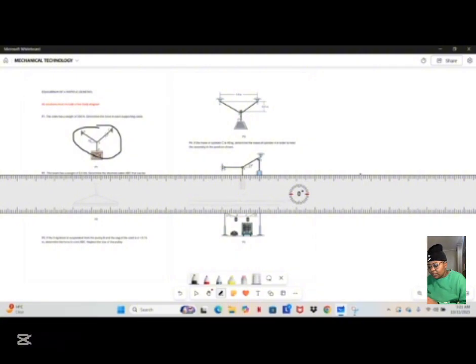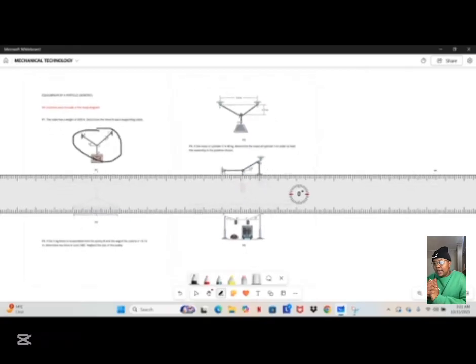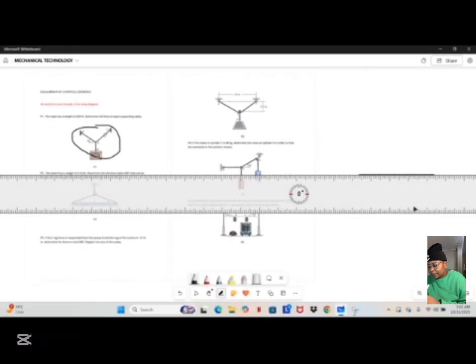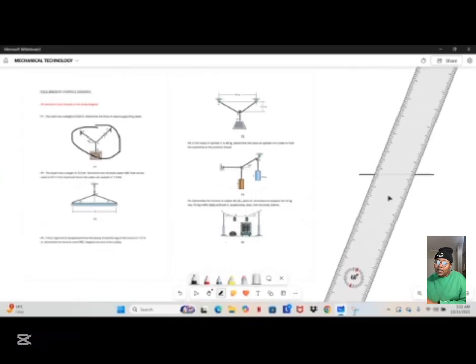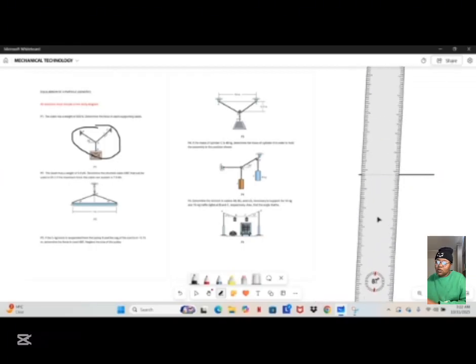So we're first going to draw. We have to break down the whole problem into a simpler one. Okay, all right, let's do it. And then let's turn our ruler to how we want it to be.